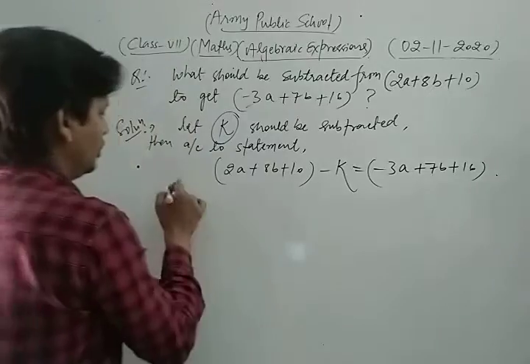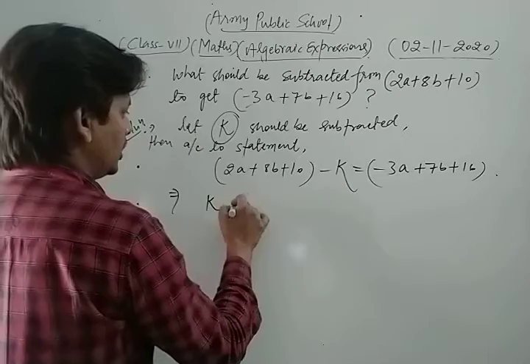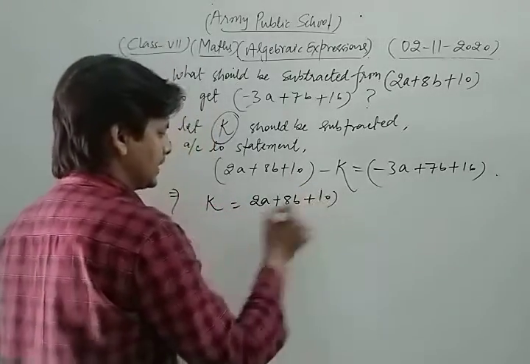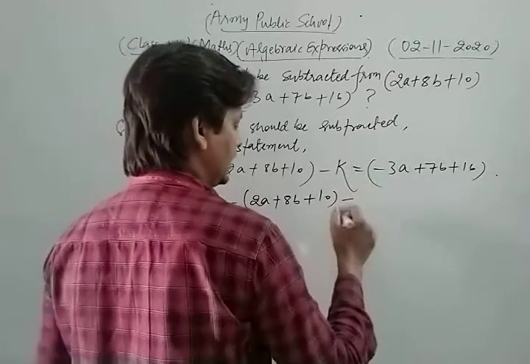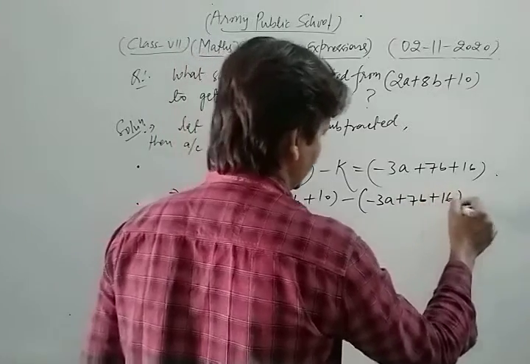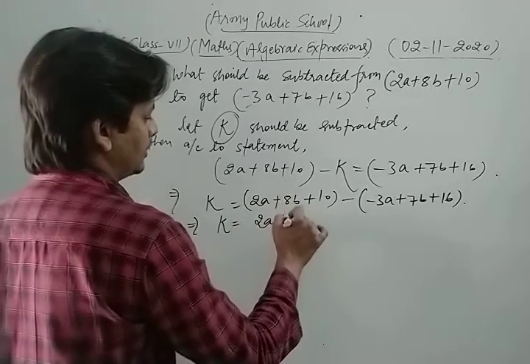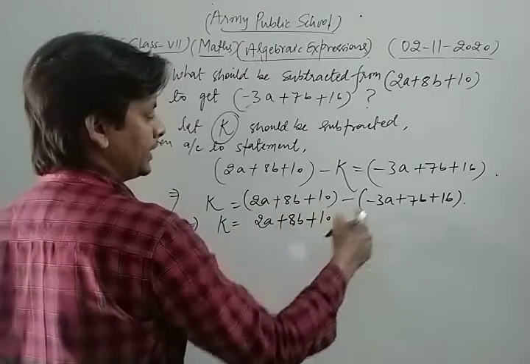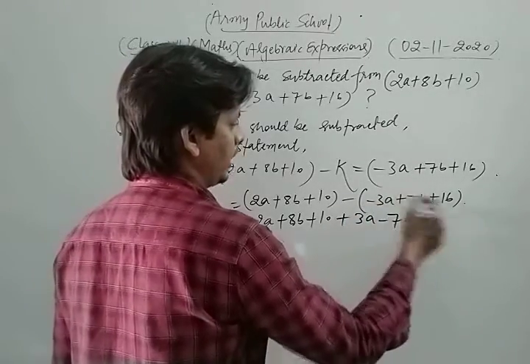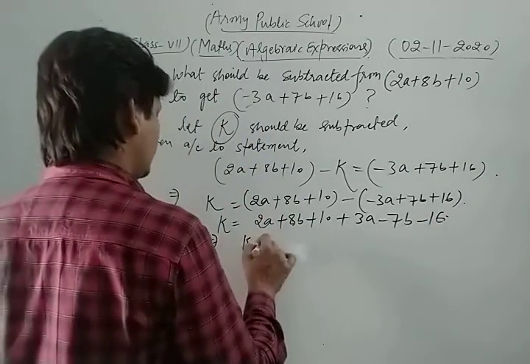So k is equal to 2a plus 8b plus 10 minus the bracket of minus 3a plus 7b plus 16. Now we break the brackets: plus 3a, minus 7b, minus 16.